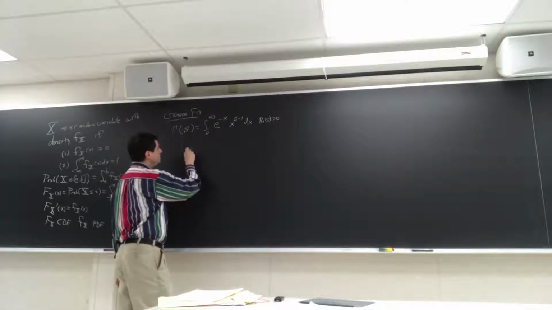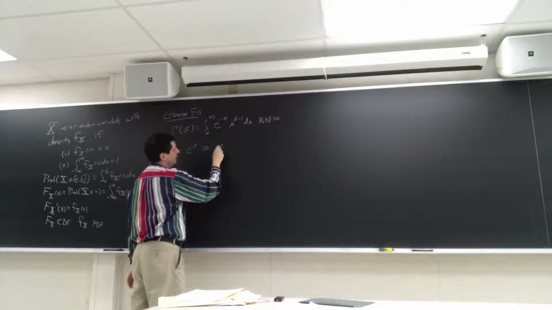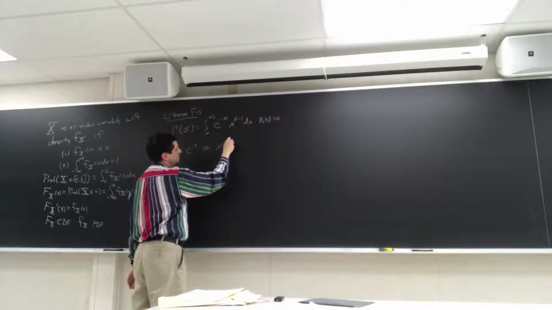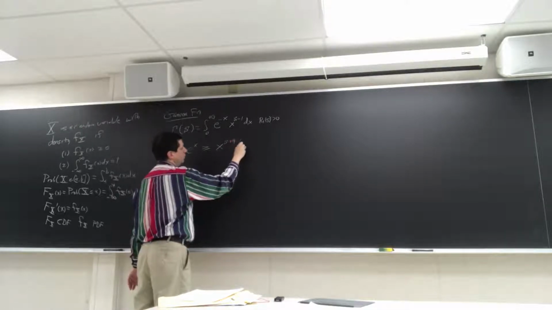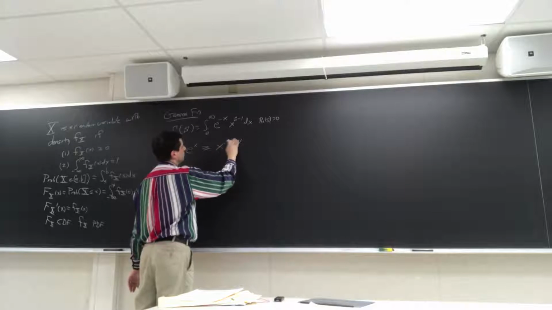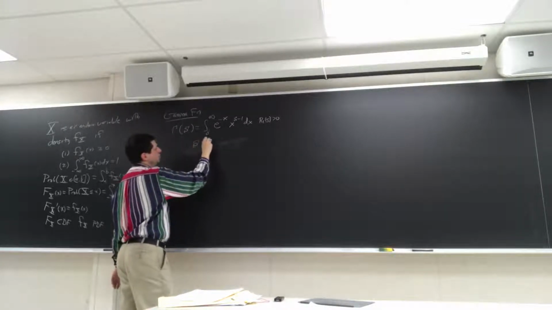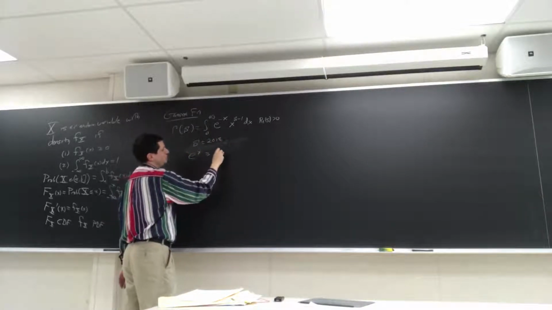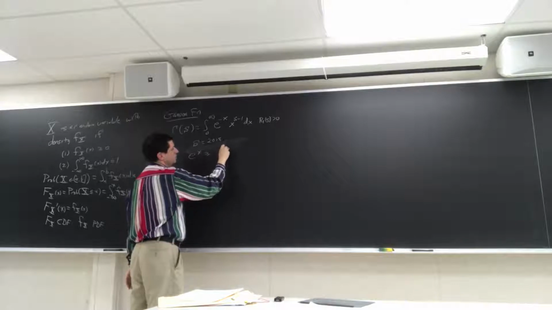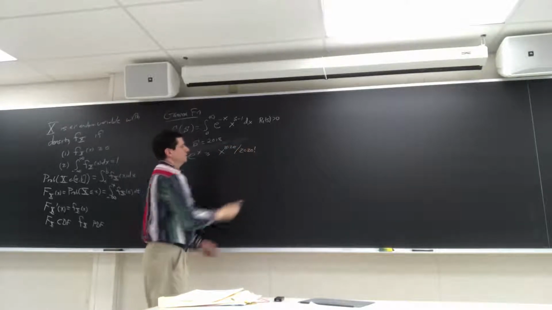If you want, we've seen the Taylor series of e to the x. Let's take s equals 2018. e to the x is greater than or equal to x to the 2020 over 2020 factorial.